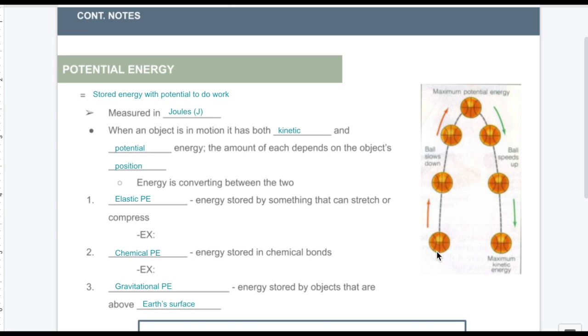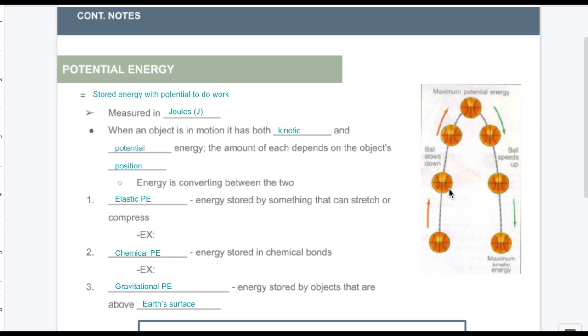If we see this ball as it's thrown upwards, because it's moving, it has kinetic energy, but it's actually building potential energy, because up at the top, it has more potential energy to fall back down compared to down here. We say it's on the ground, it doesn't have very much potential to continue to fall because it's near the ground.